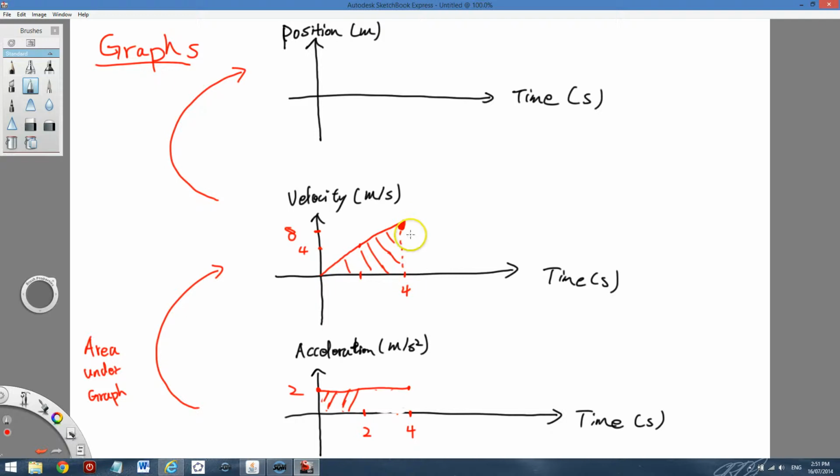We have a triangle here with a base of 4 and a height of 8. If you use your mathematical skills to find the area of a triangle, it's half base times height. So half times 4 times 8 is 16. So at time 4 seconds, the object must have traveled 16 meters.